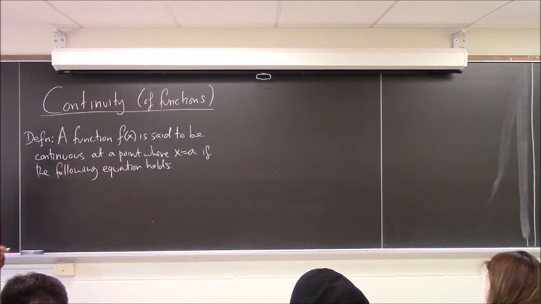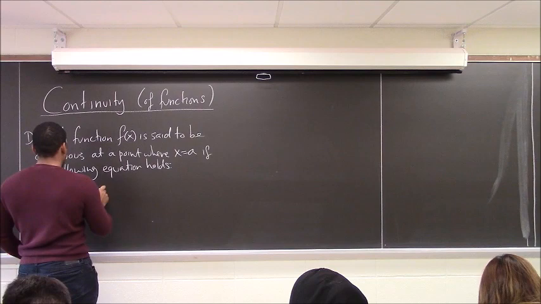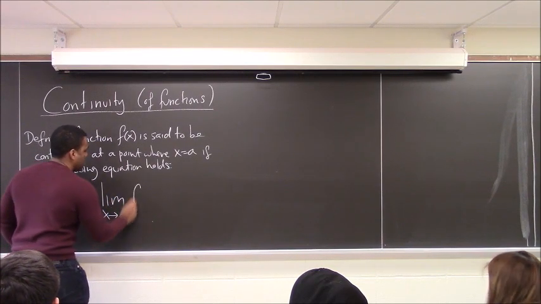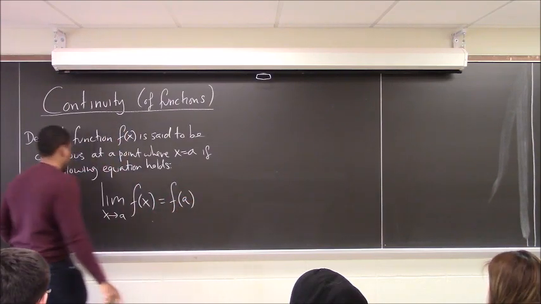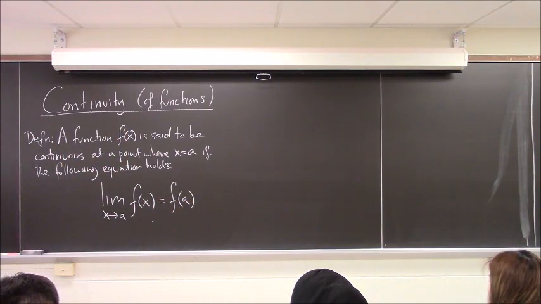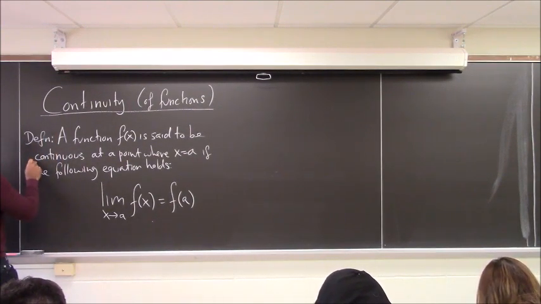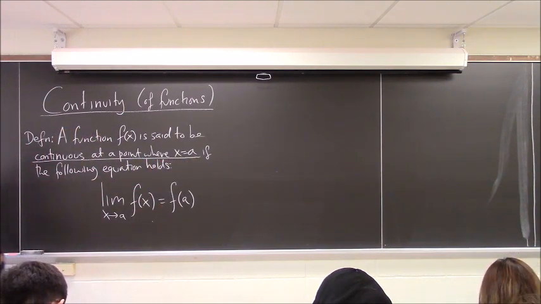Does anyone know the equation that would need to hold to be continuous at a point a, where x equals a? Well, the answer was this equation. The limit as x approaches a of the function should be equal to f of a. That equation defines what we call being continuous at a point.